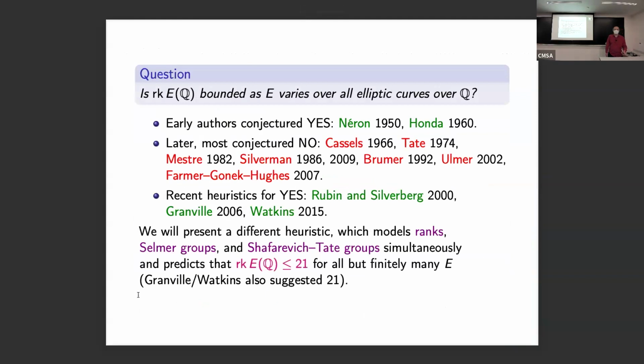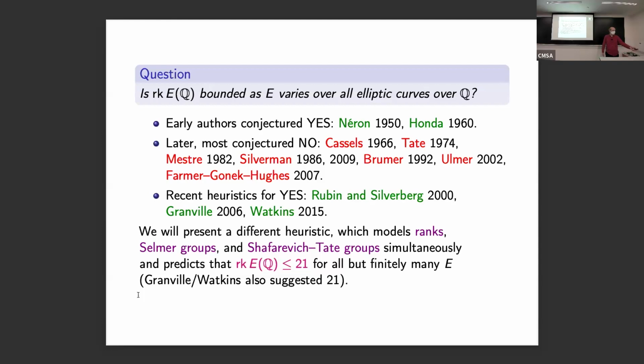So here's the question you were asking: is the rank bounded as you vary E over all elliptic curves? The folklore conjecture about this has sort of flip-flopped a couple of times. Early on, people conjectured that there should be a uniform bound.